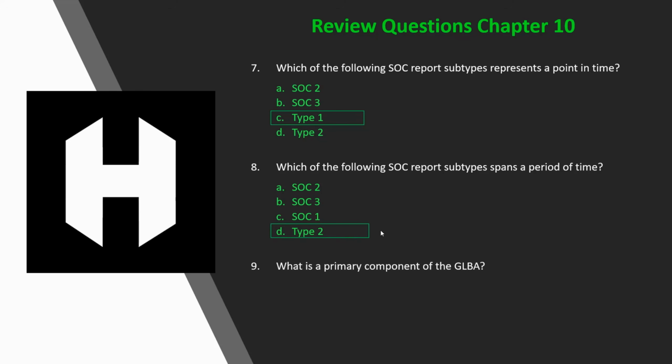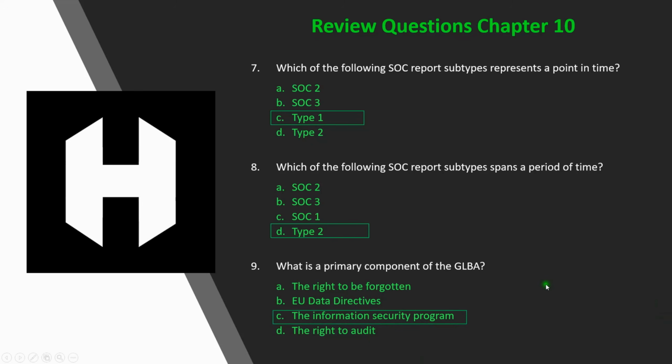Question 9. What is a primary component of the GLBA? A. The right to be forgotten. B. EU data directives. C. The information security program. Or D. The right to audit. If you said C, the information security program, you would be correct.